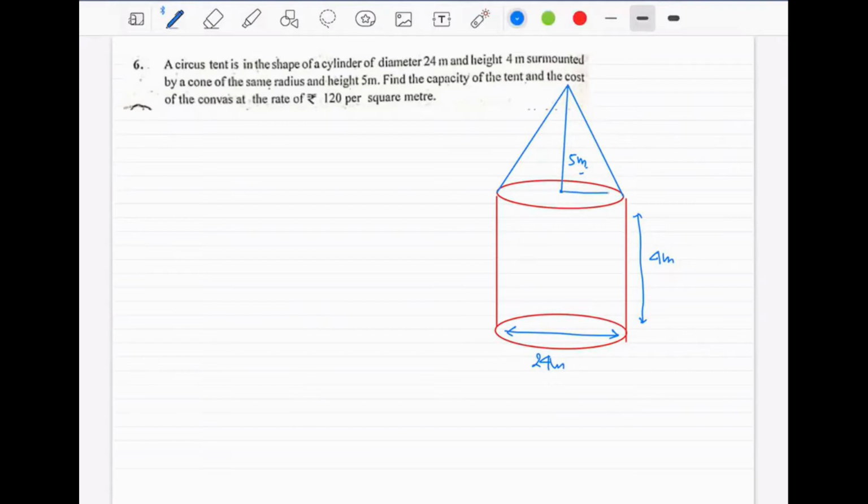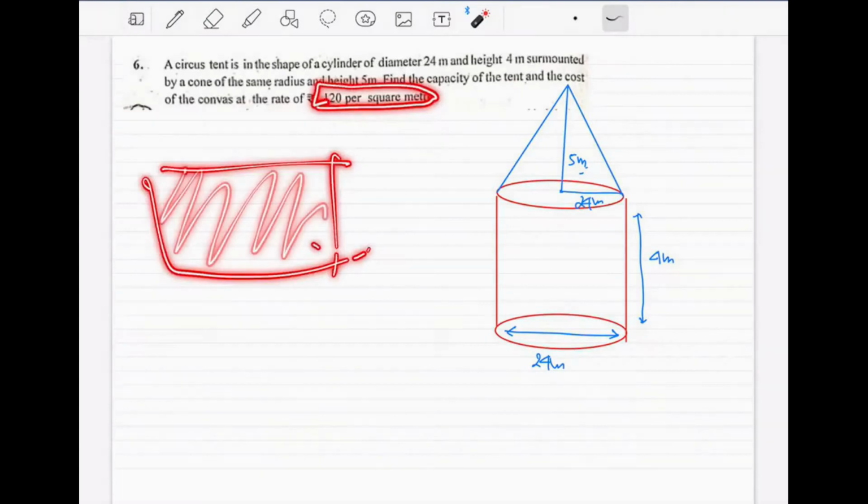So this radius is how much? 24 meter. Next, the cost of the canvas, at the rate of 120 per square meter. The tent must be made of canvas, so for 1 square meter, the cost is 120 rupees.